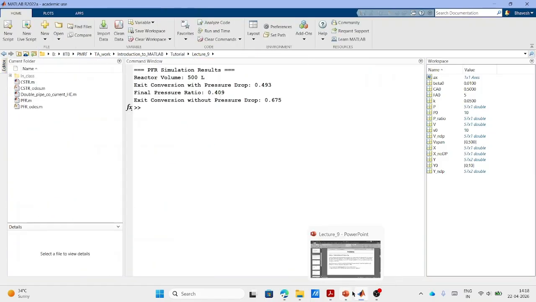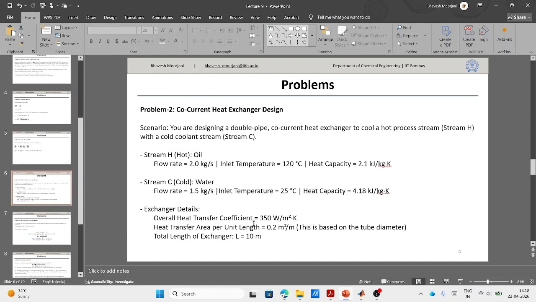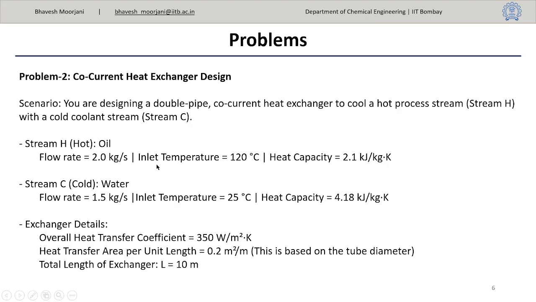Okay. Then the second problem is on a co-current heat exchanger. The information we have been given is that we are designing a double pipe co-current heat exchanger to cool a hot process stream with a cold coolant stream. Hot stream data is given: its flow rate, inlet temperature, and CP value.